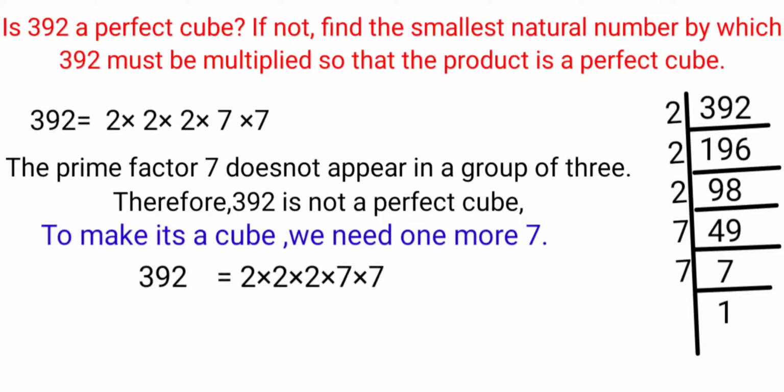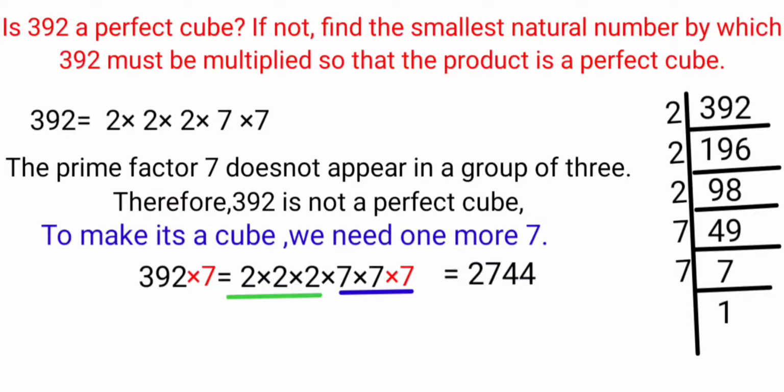So 392 is equal to its factors 2 into 2 into 2 into 7 into 7. If we multiply by 7 on both sides, we get a perfect cube, and we can group the 2s and 7s in groups of 3. So we multiply 7 on both sides and group it, we get 2744.